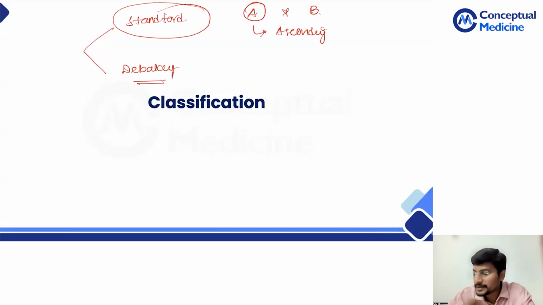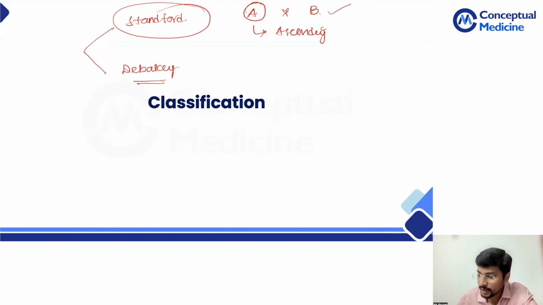If you have ascending aortic involvement, it is called type A. As simple as that. Type B is when the ascending aorta is not involved. The arch may also be involved, but definitely the ascending aorta is not involved. So that is type B.